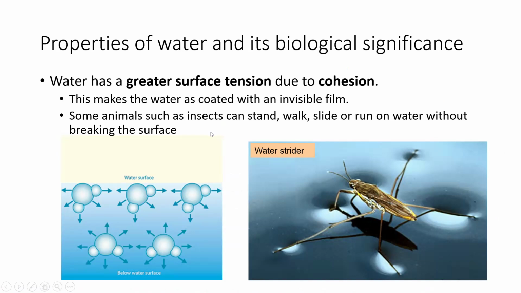Water has a greater surface tension due to cohesion. This makes the water seem coated with an invisible film, due to the cohesive forces formed between the water molecules, so that some animals, such as insects, can stand, walk, glide, or run on water without breaking the surface.